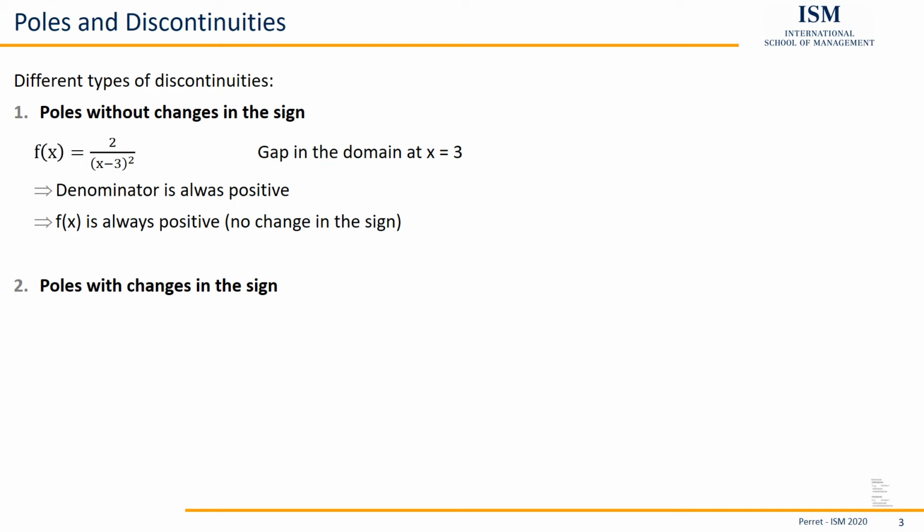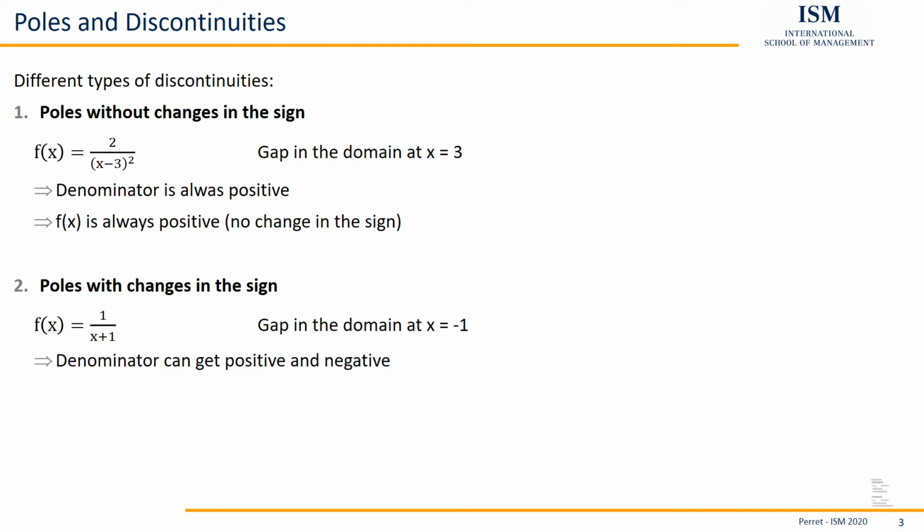Let's see here poles with sign changes. That's something like this. We have a gap in the domain at minus 1. So if we get closer to minus 1, it depends from which side we are actually coming. As our denominator can get positive and negative, so in other words, if we go from the right, so we insert, for example, 0, then we get something positive.